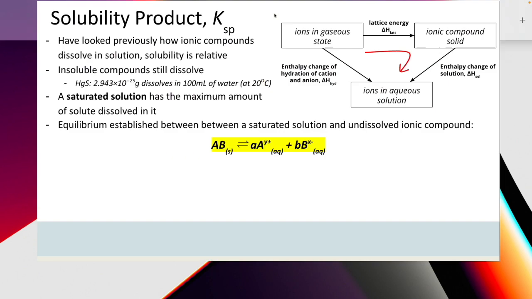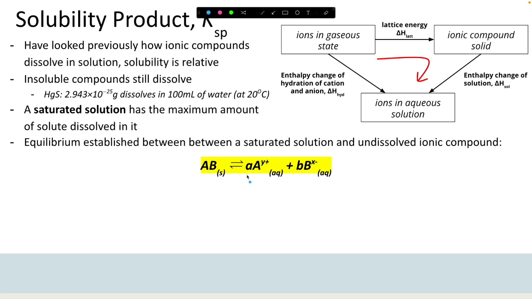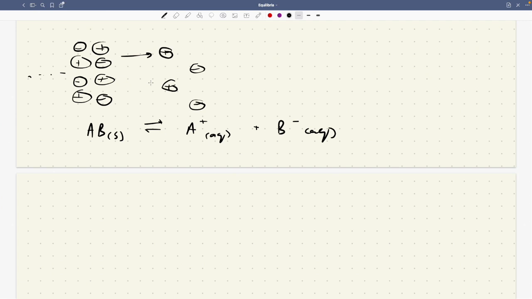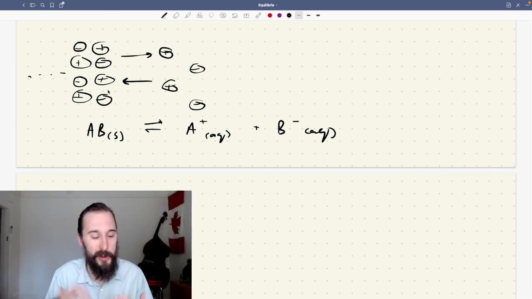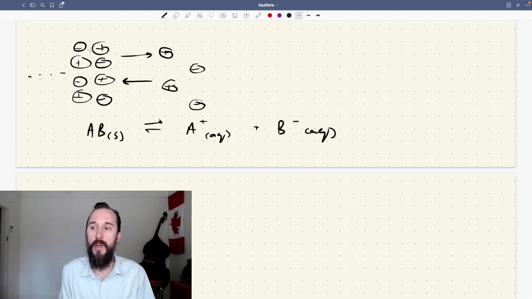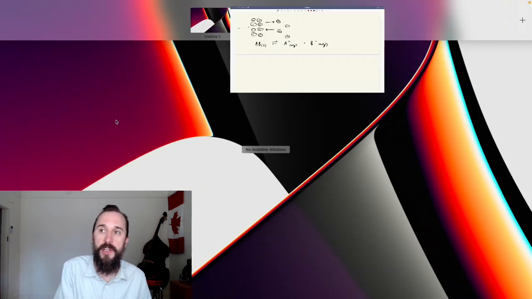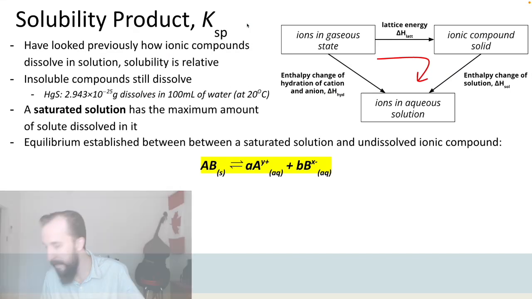And then similarly, in this equilibrium, we're going to have the aqueous ions moving back to the ionic solid. So at the equilibrium position, we have the rate of the solid ions going to the aqueous ions equaling the aqueous ions going back to the solid ionic salt. Rate of the forward and backward reactions are equaling each other, so there's no observed change.